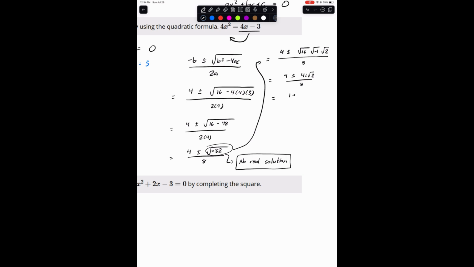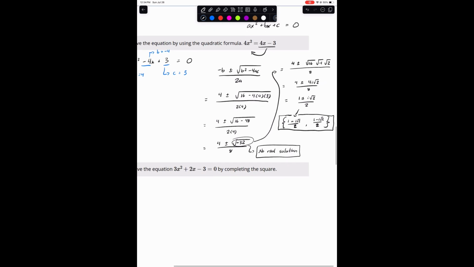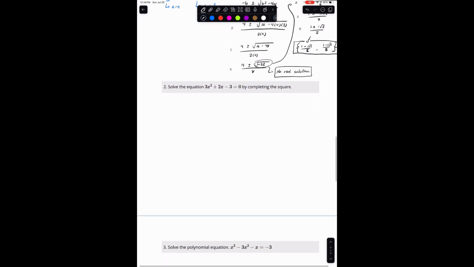This gives you 1 plus minus i root 2 over 2, which is just, if you divide it out, you get 1 plus i root 2 over 2, and 1 minus, sorry, i root 2 over 2. And these would be your imaginary solutions, okay? And that is question 5.